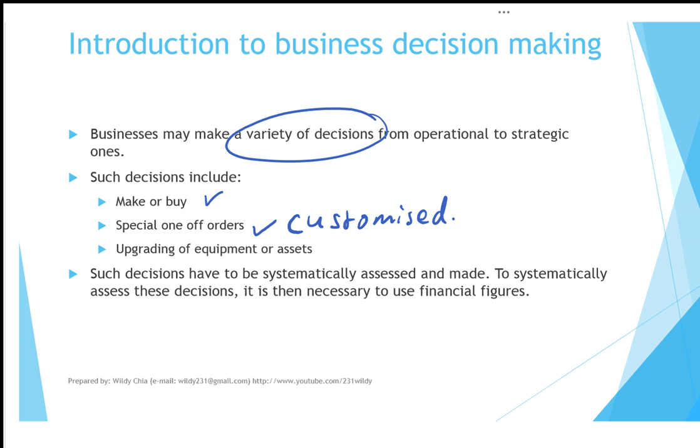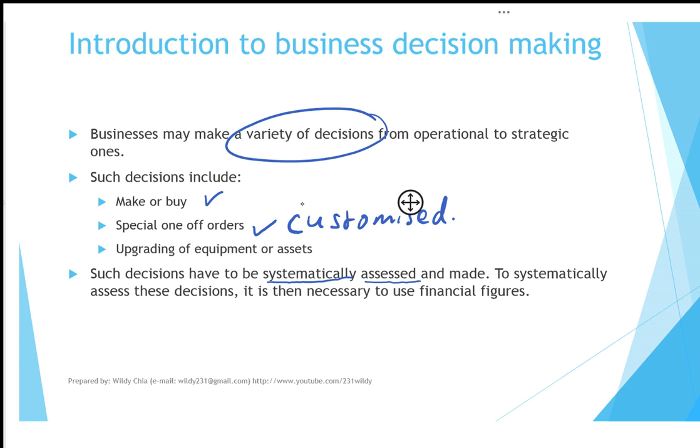Whatever the decision to be made, these have to be systematically assessed. It's not that the business owner should use gut feel to guess what decisions to make. There should be some form of systematic process to help the decision maker make a very rational and informed decision.